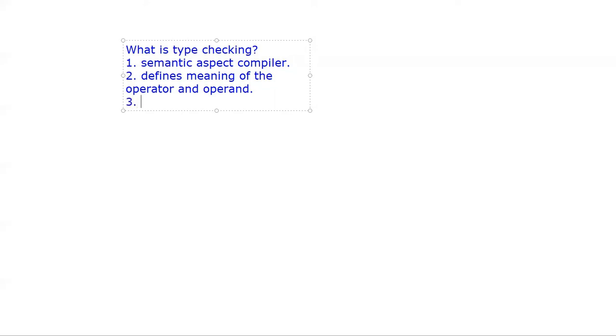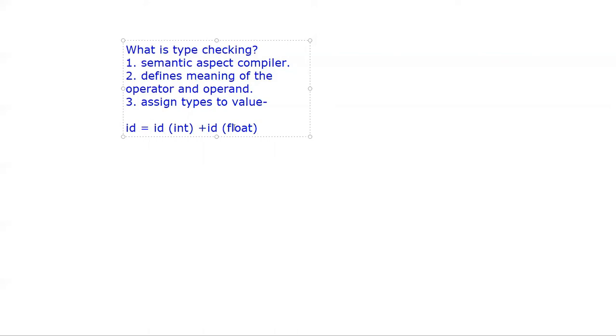Now, third, it is used to assign types to values. What is the meaning of that? A type will be assigned to the expression. If id is equal to id plus id is written, and this id is integer and this id is float, then what should be the type of the value of this expression?